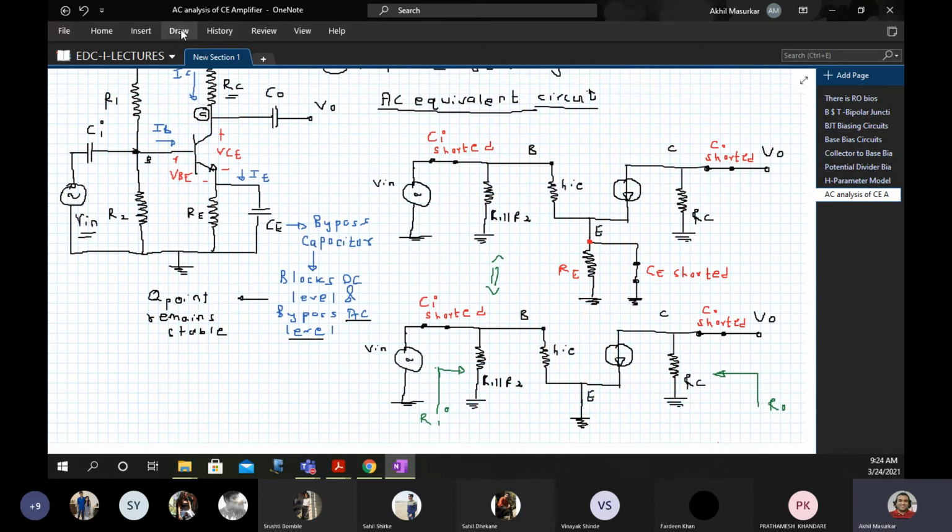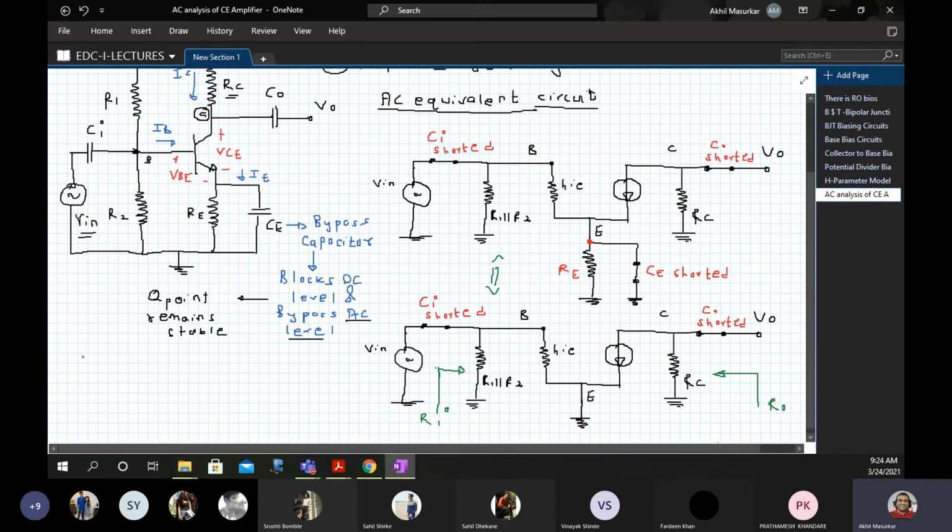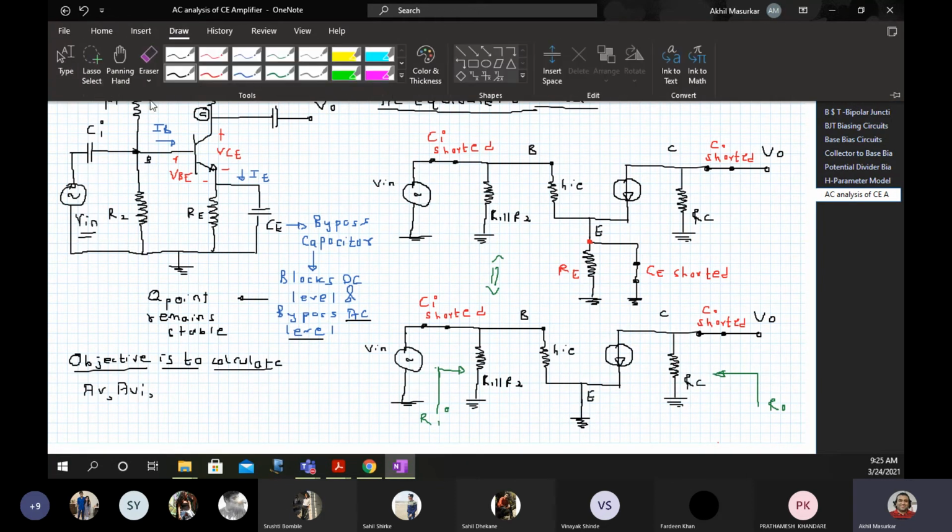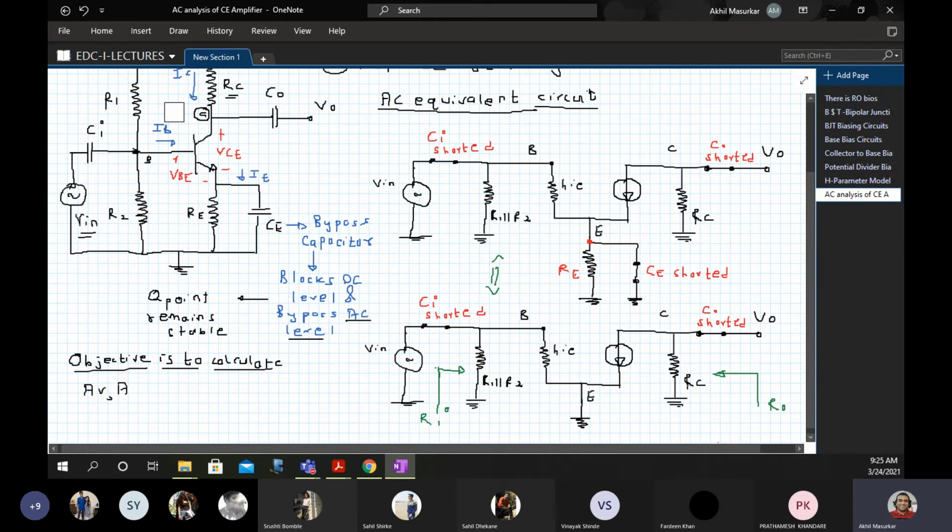So our objective is to calculate AV, AI, that is voltage gain, current gain, input impedance and output impedance. That is the objective.